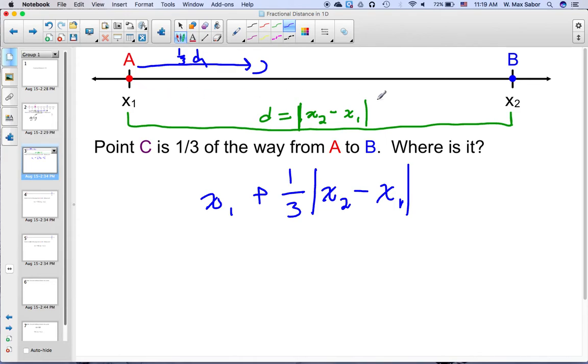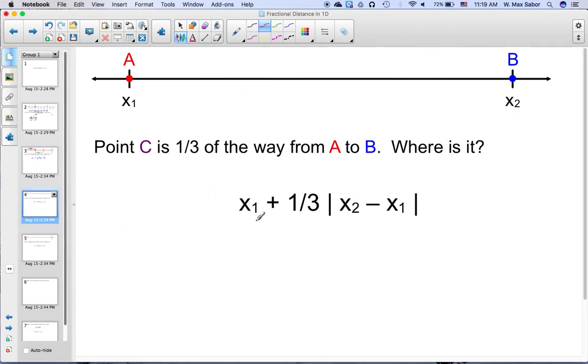We figure out what the entire distance is. That's what's in green. And then we figure out, okay, this is a third of the distance. And then we add that third of a distance to our starting point. So this is the more formal way of writing it. And this is cleaner so you can write it down rather than having to read my handwriting.